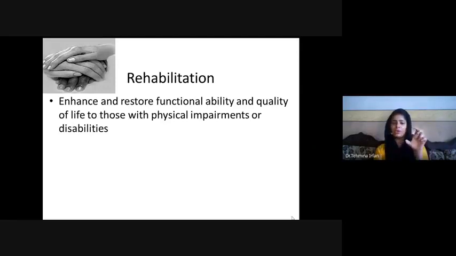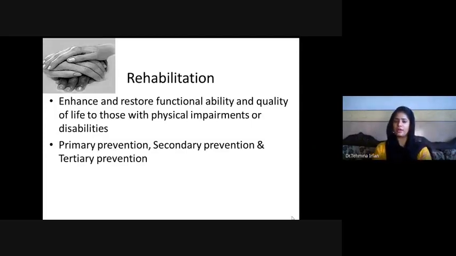It is a very fine definition of rehabilitation that covers the essential aspects of its purpose: enhance the functional ability, restore the functional ability, improve the quality of life, and deal with the person having physical impairments or disabilities. These are the four components of rehabilitation. We must consider them whenever we plan a rehabilitation program.